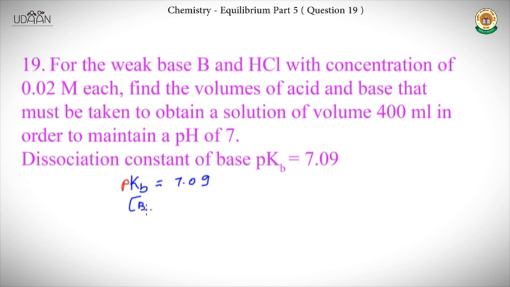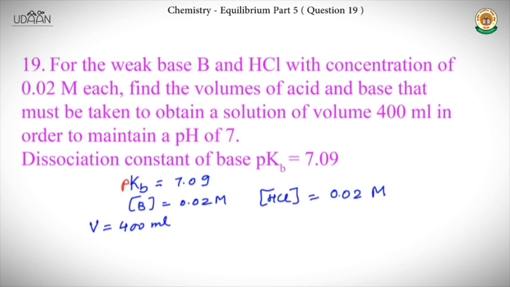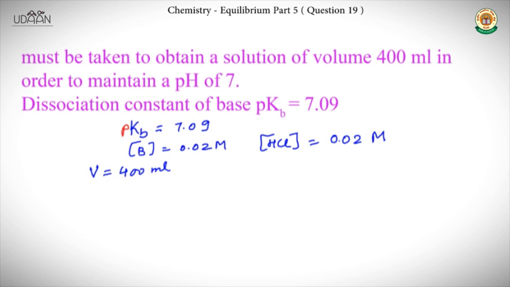The concentration of the base is 0.02 molar, and the concentration of HCl acid is 0.02 molar. I need to add base and acid in such a way that the total volume is 400 ml, and I obtain a buffer with a pH of 7.